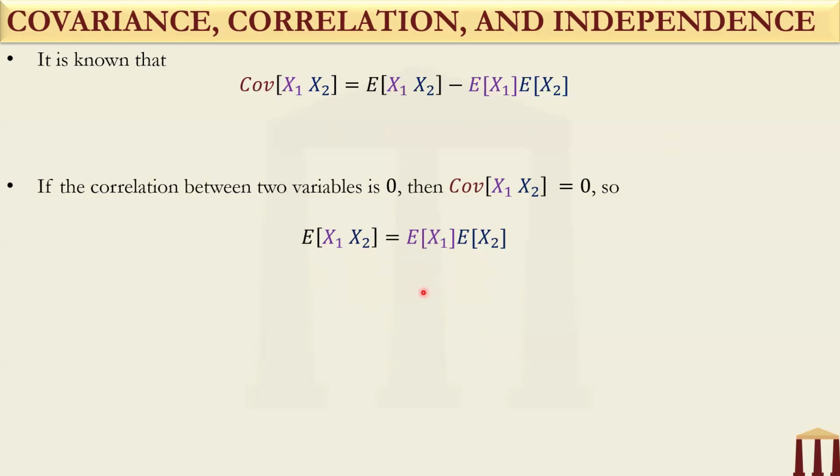Correct? Expected value of X1 times X2 is equal to expected value of X1 times expected value of X2. Again, this is analogous to probability of X1 intersection X2 is equal to P(X1) times P(X2). Analogous, not same, analogous.